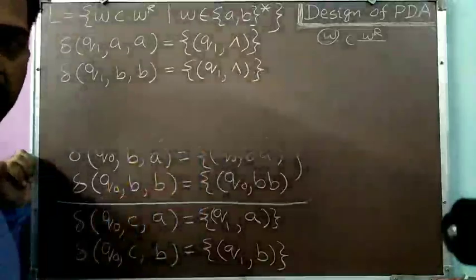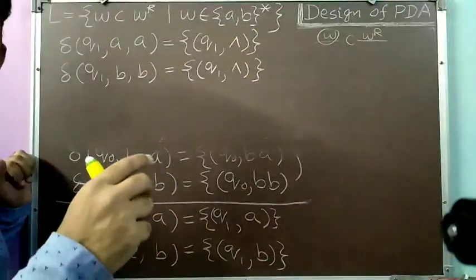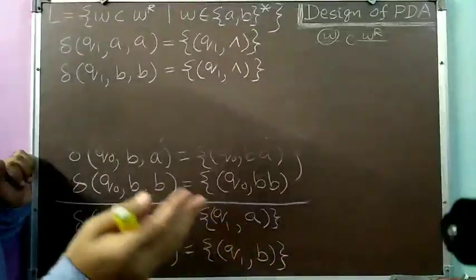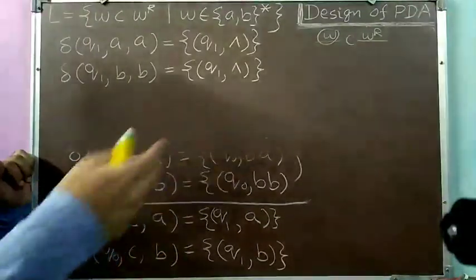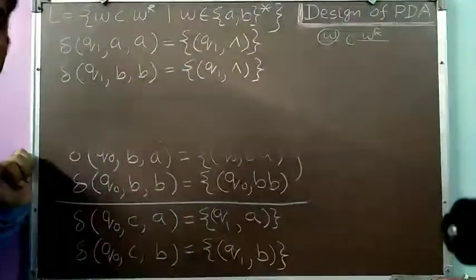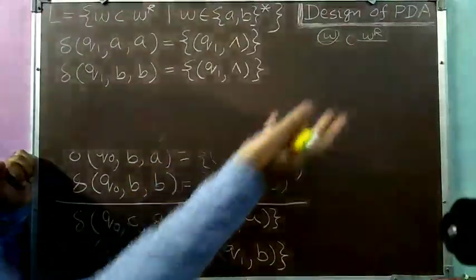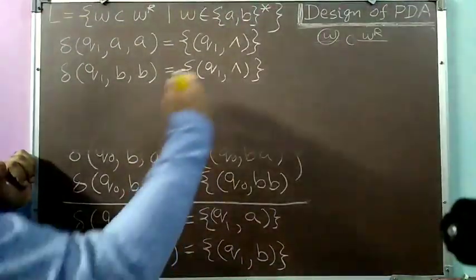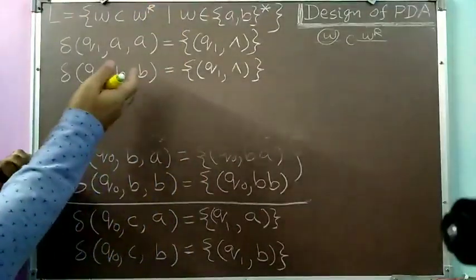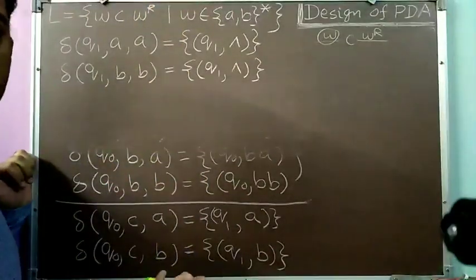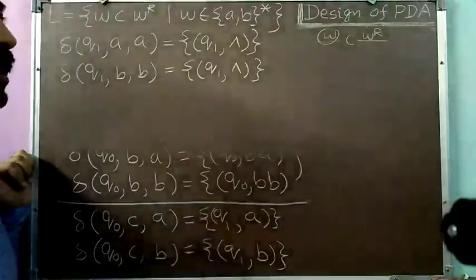If I am not writing my transitions here, that string will automatically be rejected because I don't have any move in such a situation. So my machine will halt, and as my input string has not finished and my machine has halted, the input string will be rejected. Because the nature of PDA is non-deterministic, we have to write only the necessary transitions.